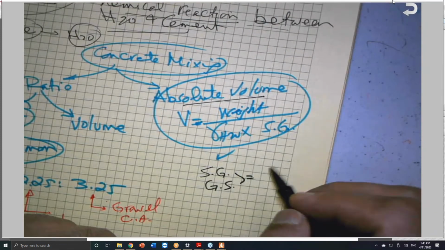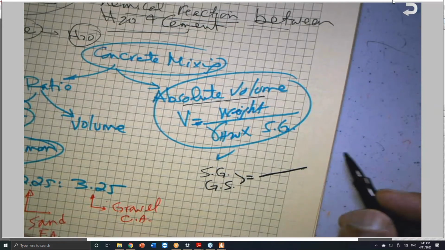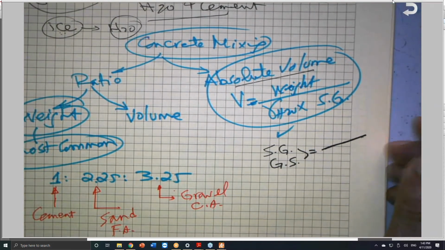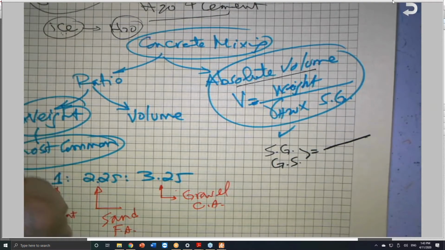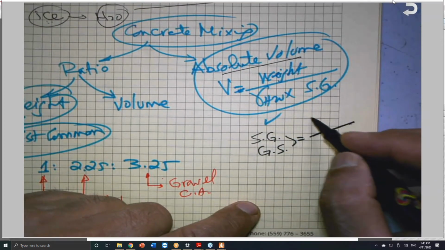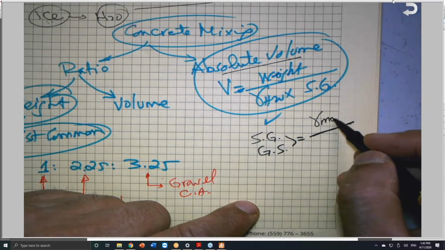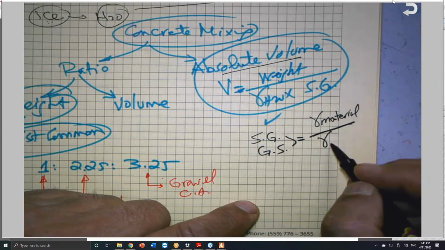GS is the ratio between two things. The specific gravity of the material is the ratio of gamma material over gamma water.